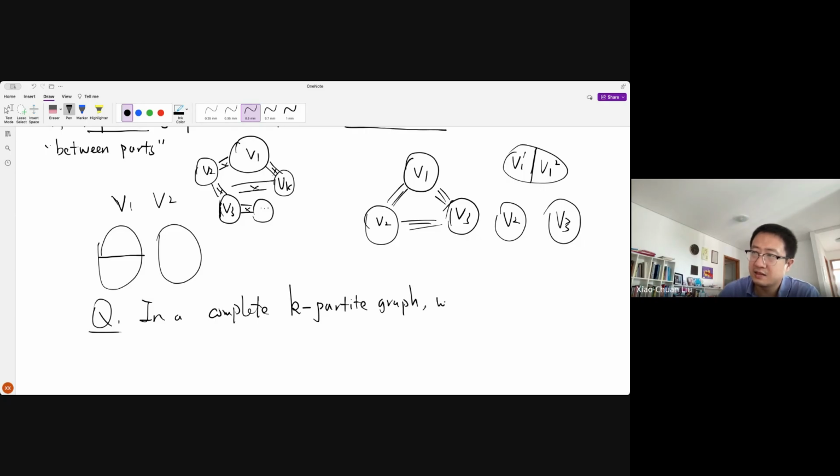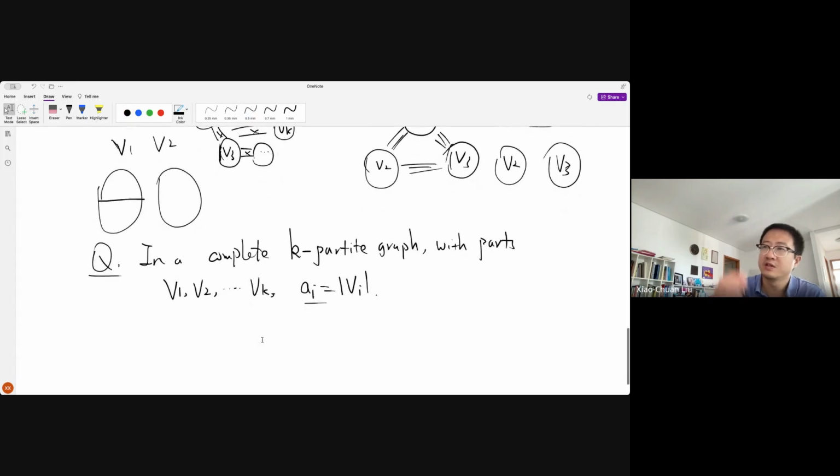With parts, for example, v1, v2, up to vk, I put ai equals the size of vi. So to make it more precise, I have k parts, and in each part I have exactly ai vertices, and it's a complete k-partite graph. So the question is, it's not a difficult question: how many edges are there?